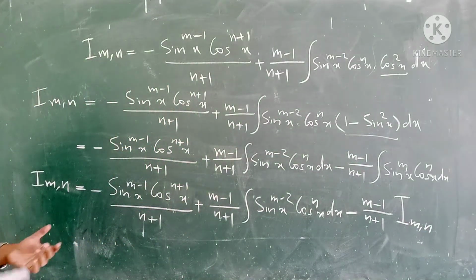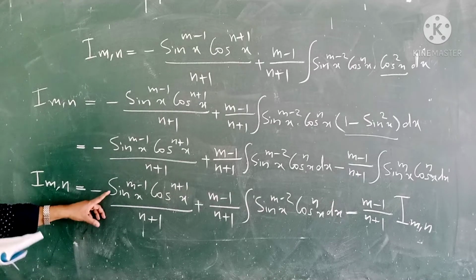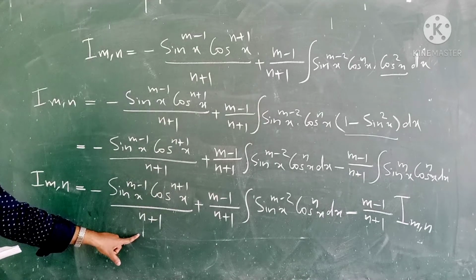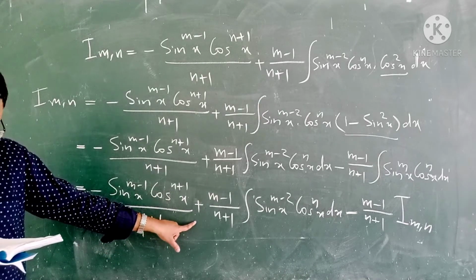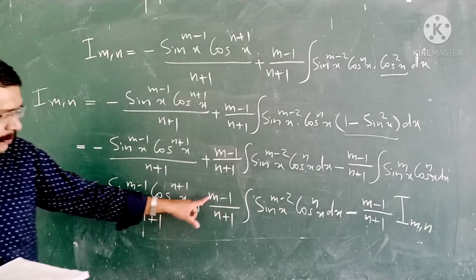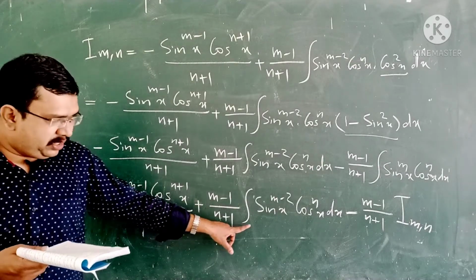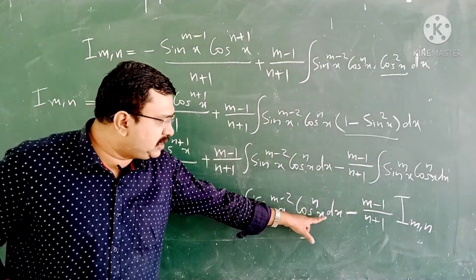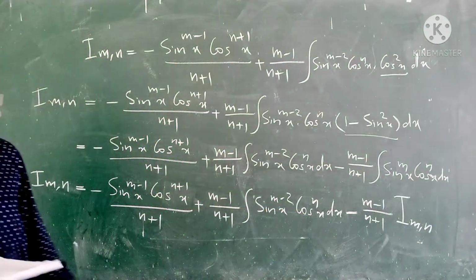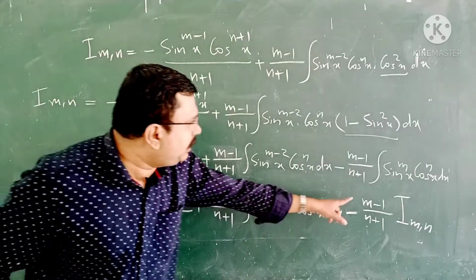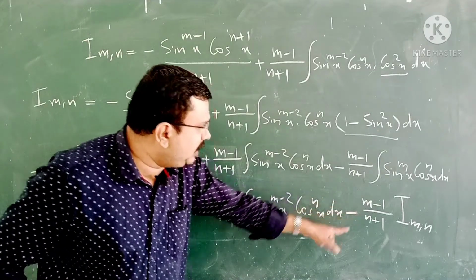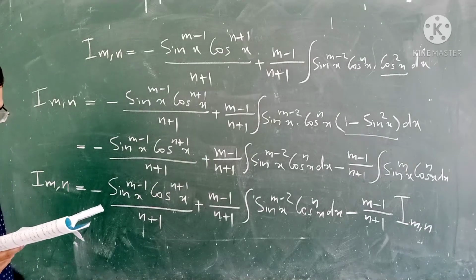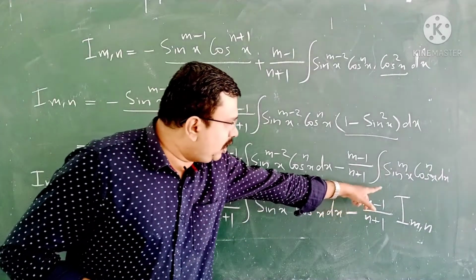We get Imn is equal to minus sin raised to m minus 1 x cos raised to n plus 1 x divided by n plus 1, plus m minus 1 by n plus 1 into integral of sin raised to m minus 2 cos raised to n x dx, minus m minus 1 divided by n plus 1 into Imn.